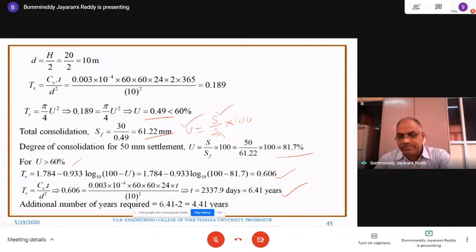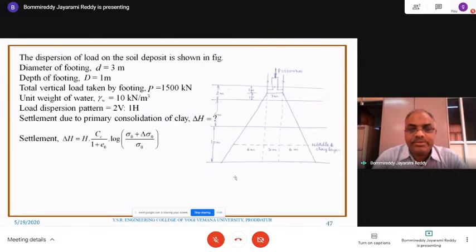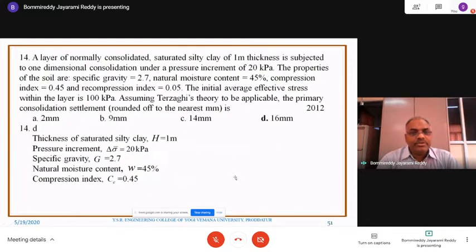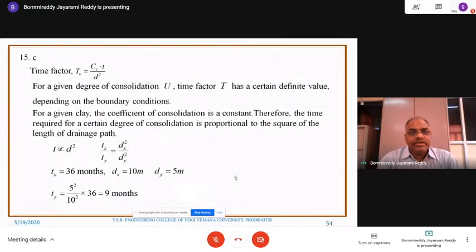So like this, several other problems with the same concepts are given, and in this problem also delta H is to be computed and a clear-cut procedure is given. Like that, several other problems also I am going to provide you, the entire thing, and go through all these problems.